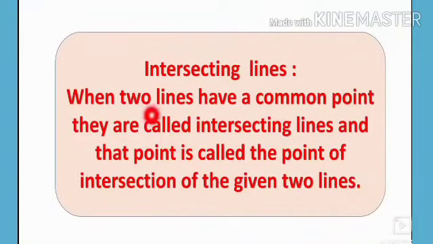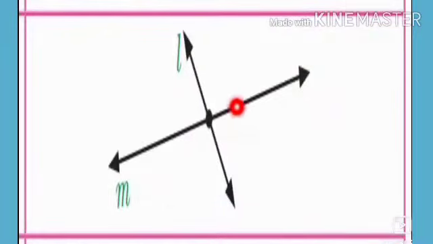Intersecting lines. When two lines have a common point, then they are called intersecting lines. And that point is called the point of intersection of the given two lines. Here, L and M are two lines which are said to be intersecting lines. And here, these two lines have a common point.